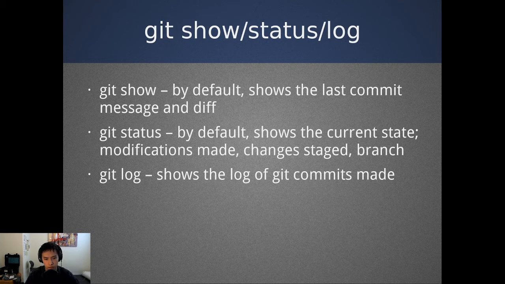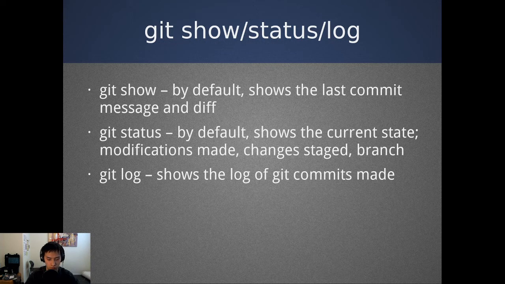All right. So a few more basic commands. Here are three of them: git show, git status, and git log. Git show, without any options, shows the last commit message and the diff, or the patch, of that commit. So when you type git commit, you'll write a short summary of the changes you made, and git show will also show you what changes were made in that previous commit.